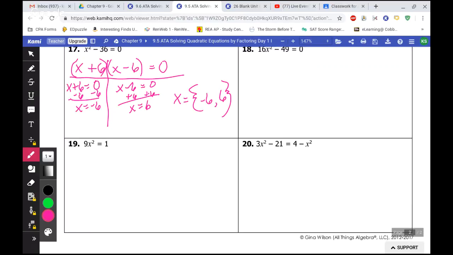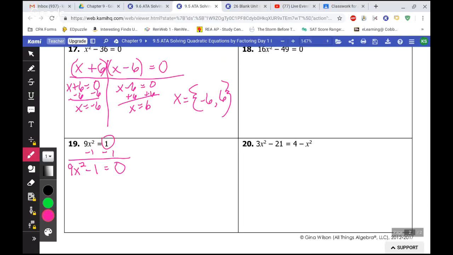So we want to get everything to the left. So we have the inverse operation of the understood positive one here, so we're going to subtract 1 from both sides. And then we're going to end with 9x squared minus 1 equals 0.